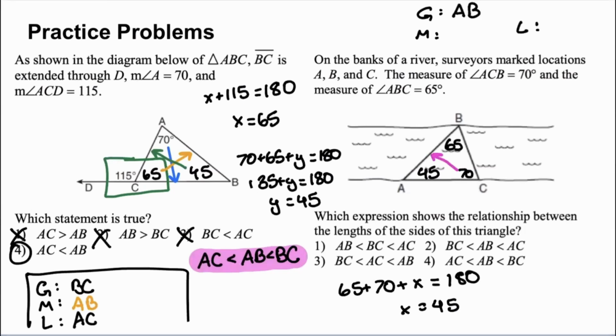Our middle is this 65, so in a different color, I pop it to the other side, and we see that this is measure AC. And our least is this 45 again, and we see that this is measure BC. Then we go over to our answer choices, and we see that this is answer choice 3, because BC is our least, AC is our middle, and AB is our greatest.